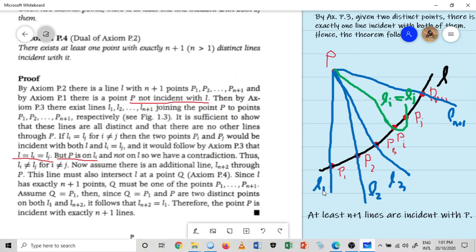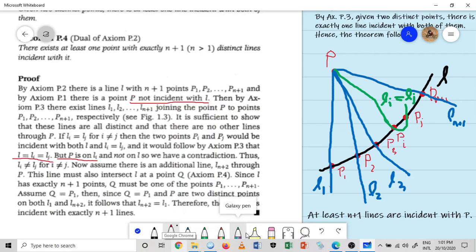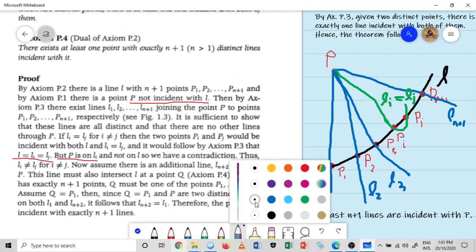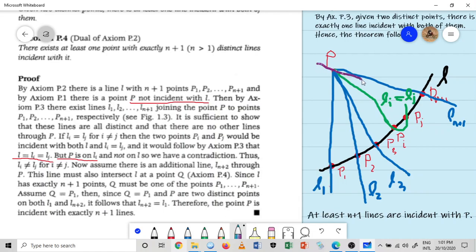Now, suppose there is another line that contains P, this violet line here.